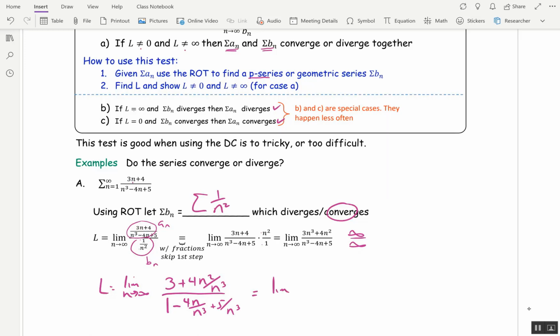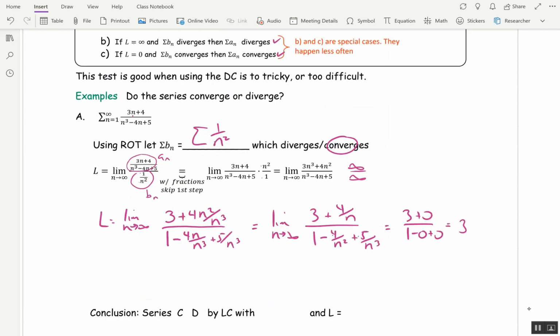Let's simplify. I could have done that simplification in my head. This is 3 plus 4 over n divided by 1 minus 4 over n squared plus 5 over n cubed. So that's 3 plus 0 over 1 minus 0 plus 0, which is 3.